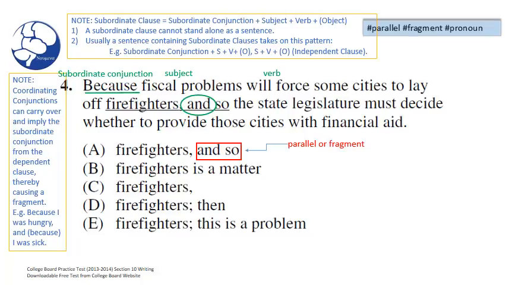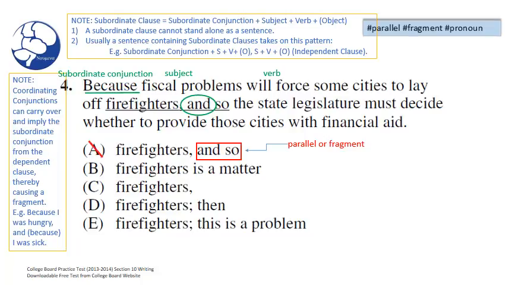If it's trying to join an independent clause and a dependent clause together, we would have a parallel error. If it's trying to join 2 fragments or 2 dependent clauses together, then it would lead to a fragment because we're missing an independent clause. So from just looking at those 2 points, we can eliminate choice A. Great. So let's go ahead and eliminate choice A.